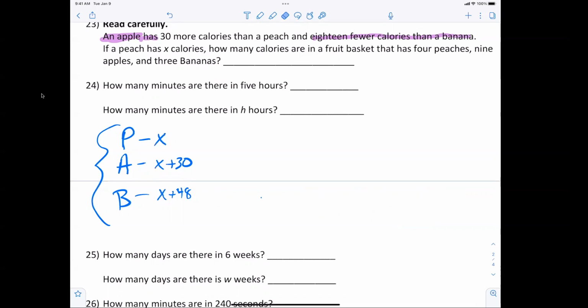So here we go. Would you agree that an apple, again, I appreciate you, Oliver. Let's figure this out. I like to read it this way. An apple has 18 fewer calories than a banana. So it would be X minus 18. No, Oliver.